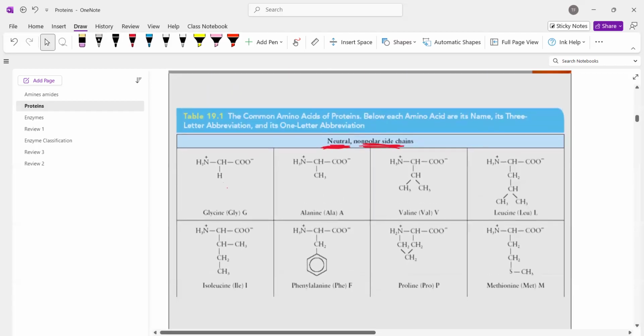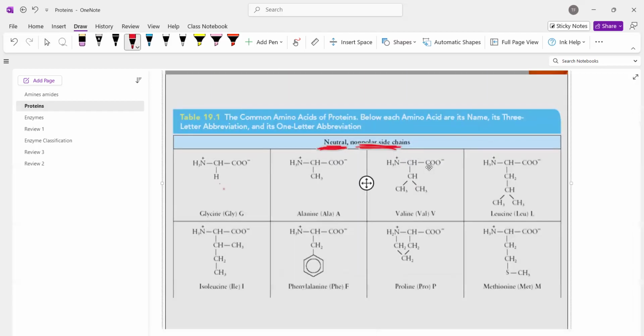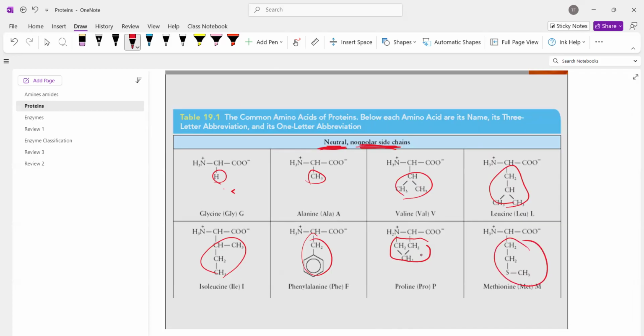And these are the R groups now. The R groups are nonpolar.